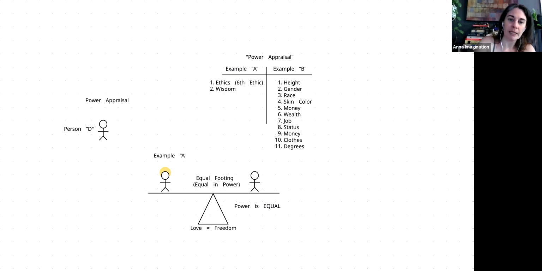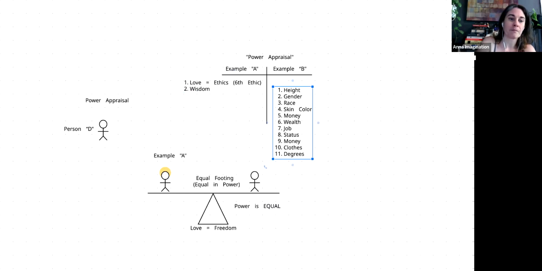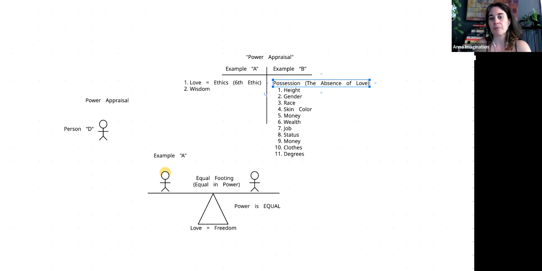Actually, if I really want to be honest, love is the ethics. Possession is the absence of love. That's it. And the ethics compose love. That's it.